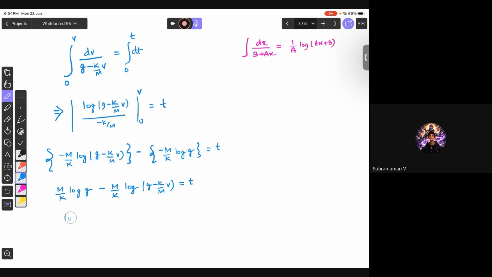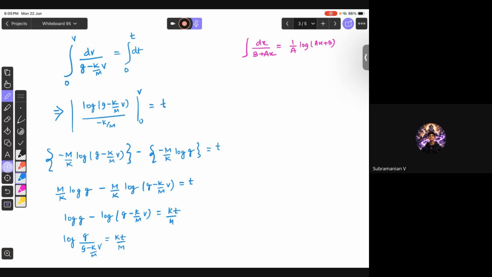So we get log g minus log g minus k by m into v equals t. So log g by g minus k by m into v. I've thrown m by k to the other side, it will become kt by m, no? So that is going to be equal to kt by m.